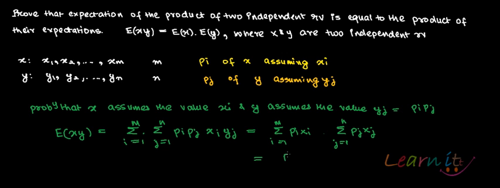Well, this is nothing but E(x) and this is nothing but E(y). So you've proved that E(xy) is equal to E(x) into E(y).